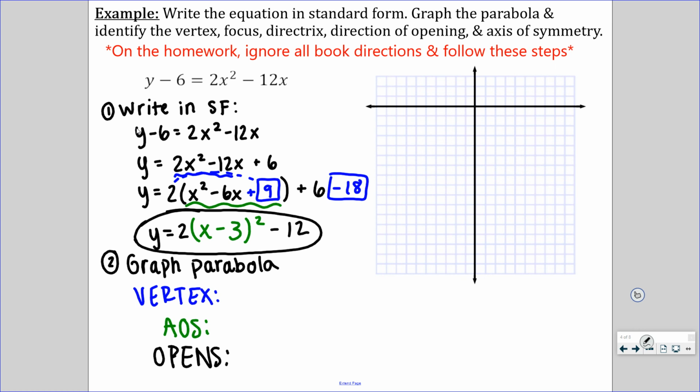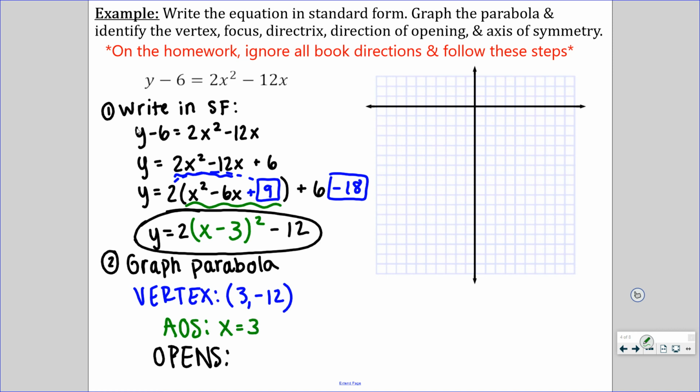All right, so now that we're in standard form, what's my vertex? 3, because it shifted right. 3, -12. What's my axis of symmetry? X equals 3. Good job.